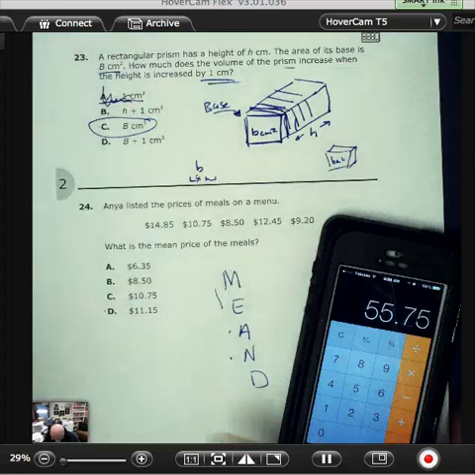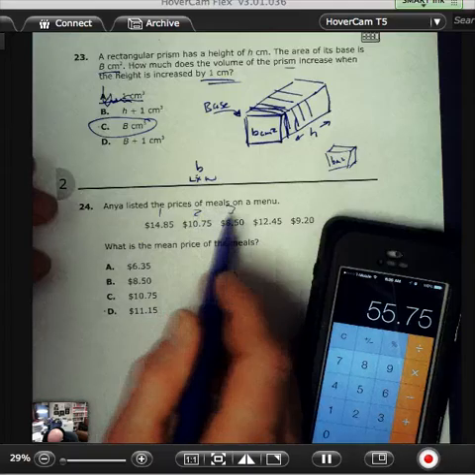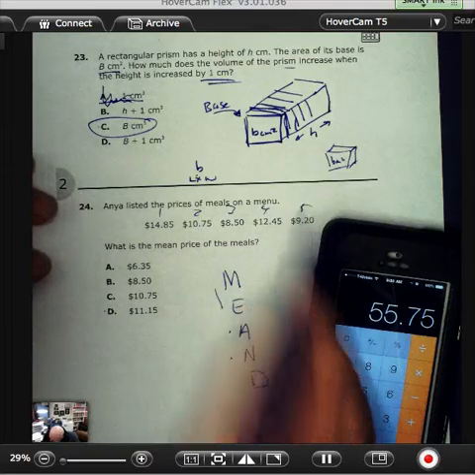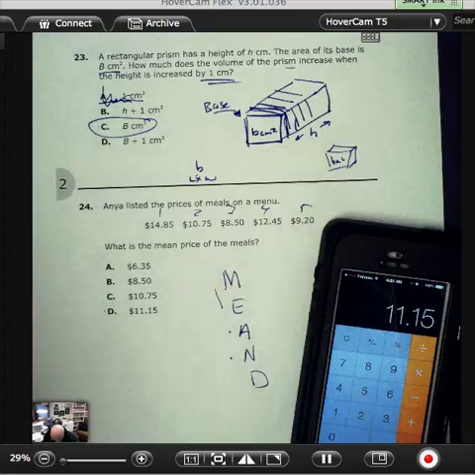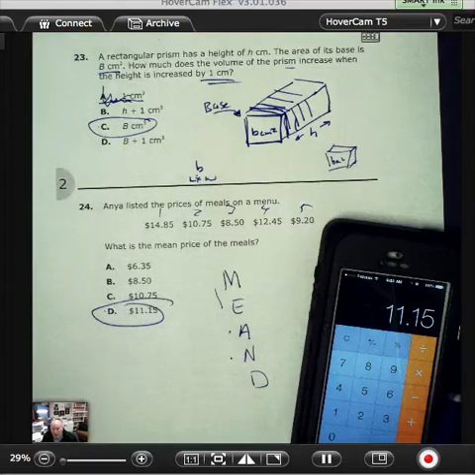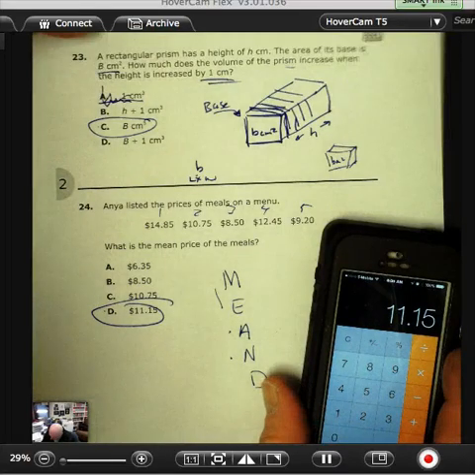That equals 55.75. And there's 1, 2, 3, 4, a total of 5 meals. So if I divide that by 5, I'm getting $11.15 per meal. On a test, I would add those up again, but the video is getting long, so I'm going to move on past that. I think that's the last problem.